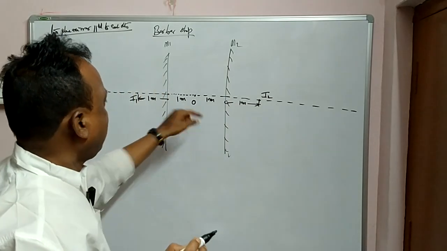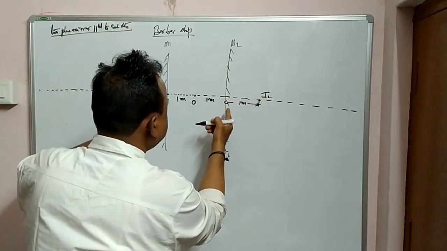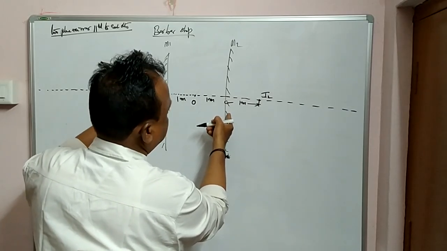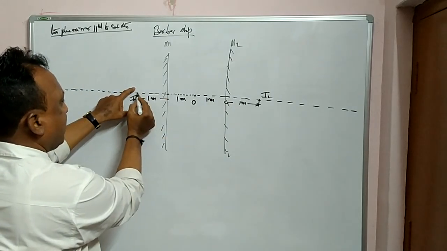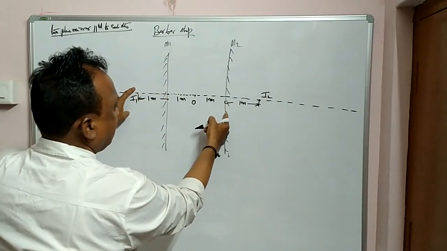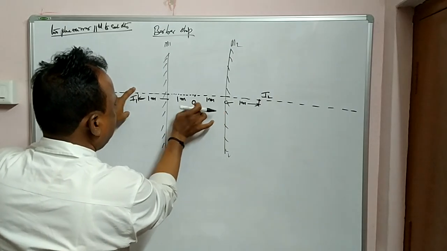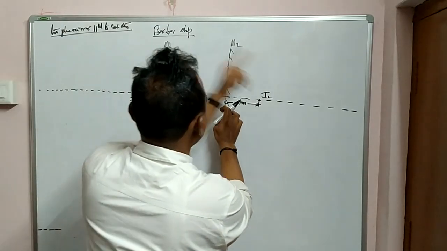Clear? Now see carefully. For the second mirror, the first image becomes a virtual object. Then where does the image form? It is 1 meter plus 1 meter plus 1 meter, so exactly at 3 meters.